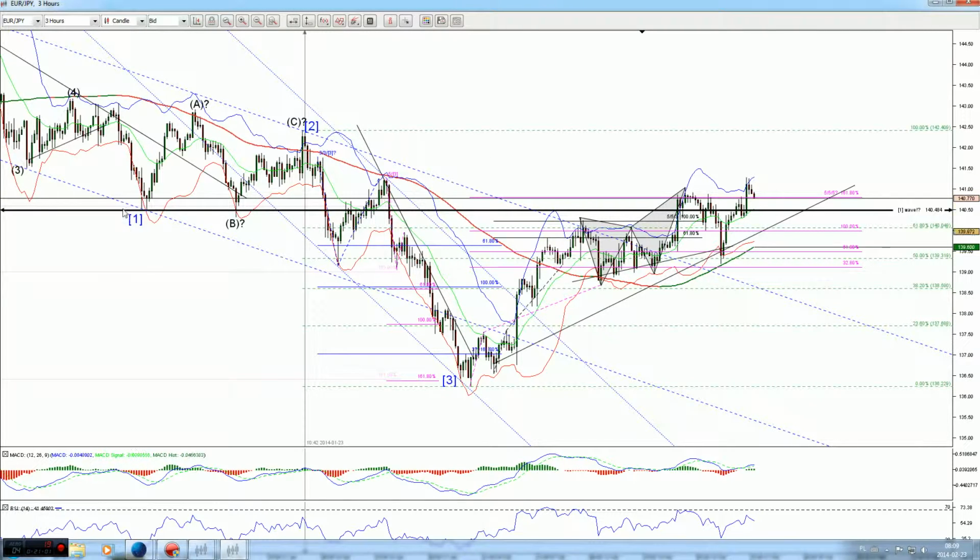This was a nice count. Actually, it was a nice count. Everything was fine, and this could still be okay. The fourth wave may go into the first wave, and then the fifth will follow.